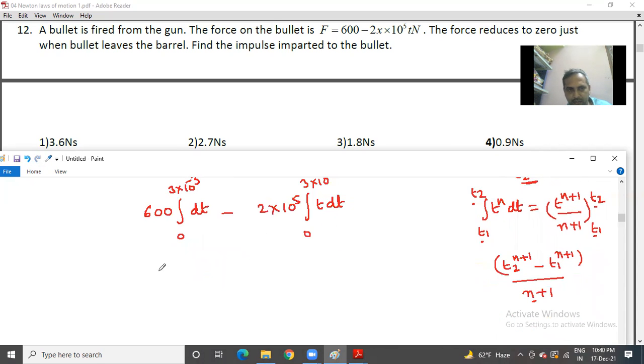Now we have just written the formula. 600 t from 0 to 3 × 10^-3, minus 2 × 10^5 times t to the power of 1, so n+1 by n+1 means you will get t^2 by 2, from 0 to 3 × 10^-3.